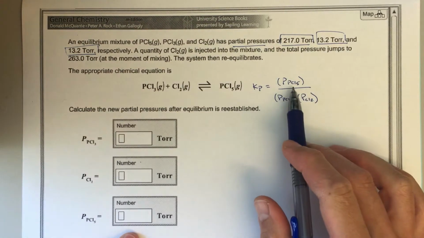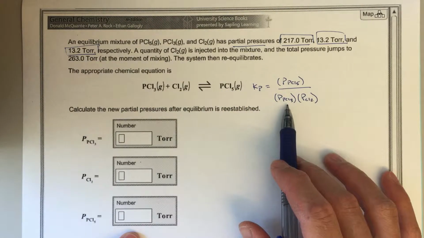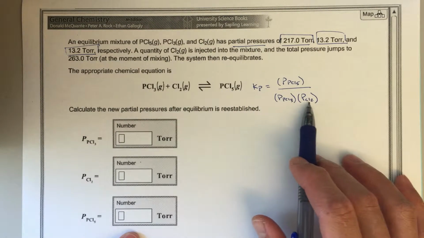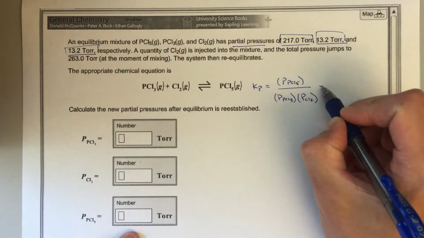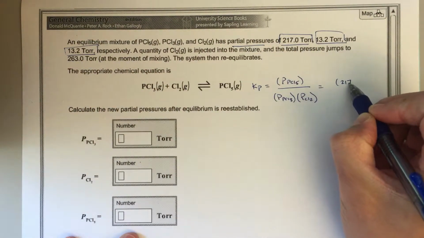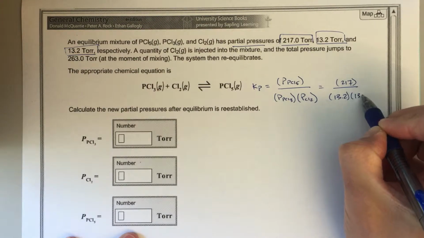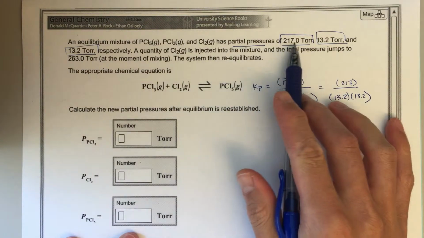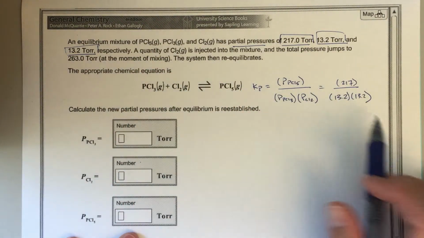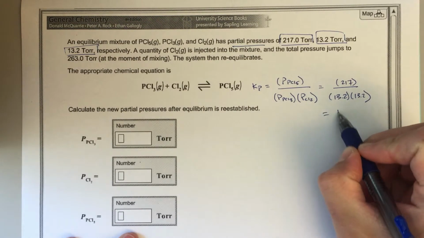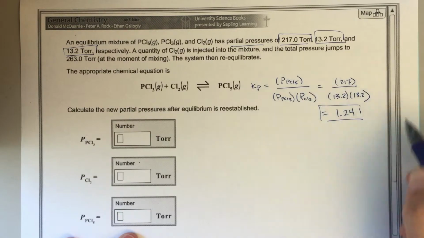So here I've got the partial pressure of PCl5, my product, over my reactants, the pressure of PCl3 times the pressure of Cl2. These equilibrium pressures are what I put in for those partial pressures. It says 217 torr for PCl5, and so on. I can fill that in, and if I do that calculation, I get that Kp, the equilibrium constant, is 1.24.